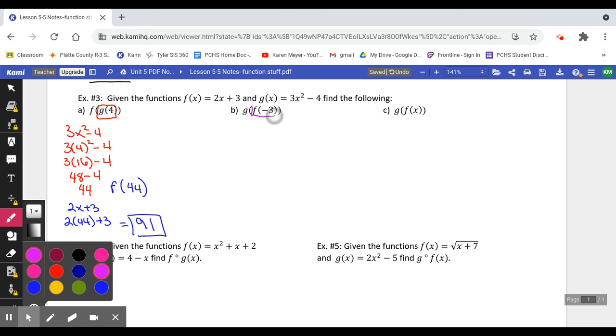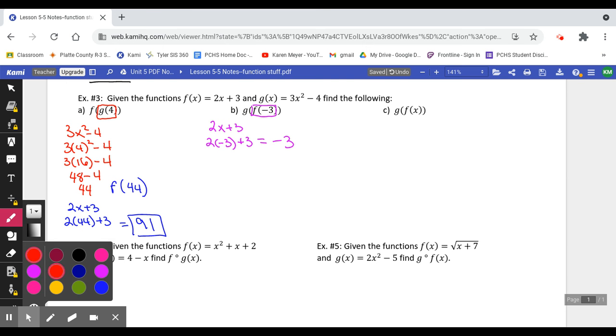Now start with f of negative 3. Here's my f function. Plug in negative 3 for x. That would be 2 times negative 3 plus 3, which gives me negative 3.